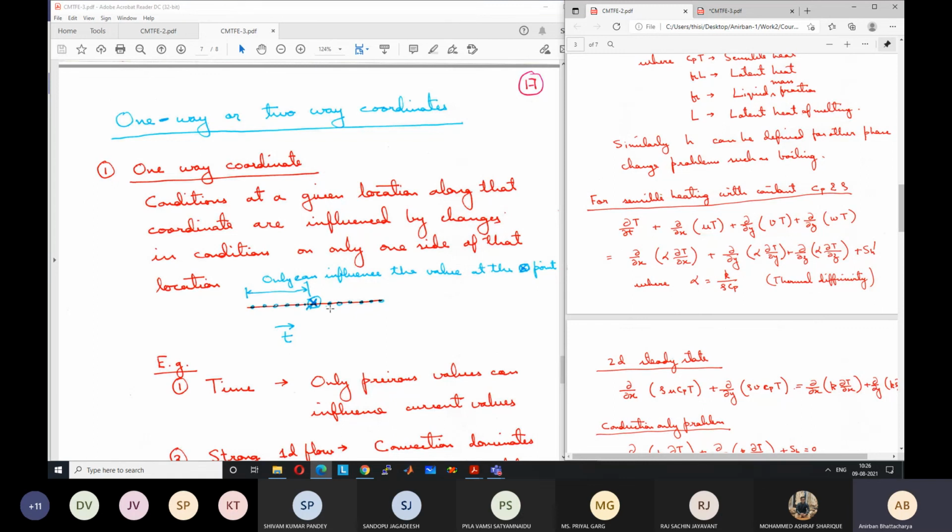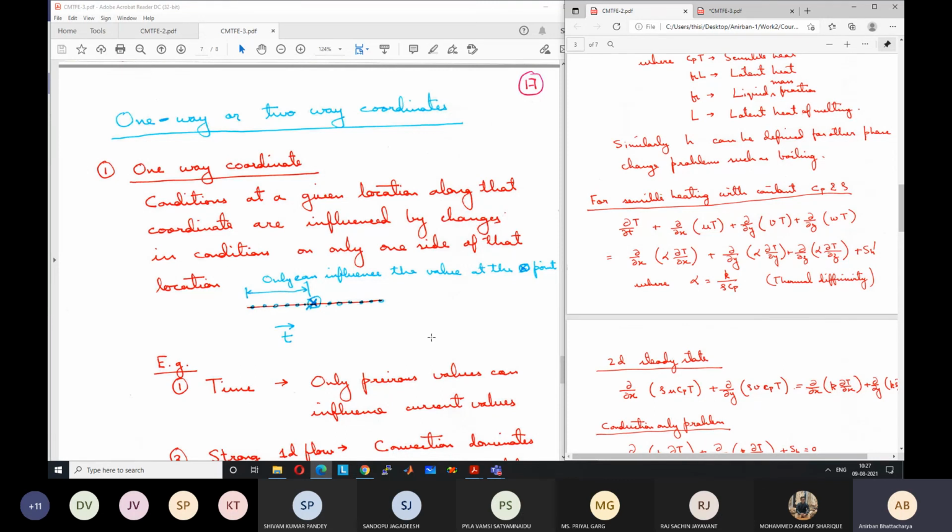The most common example obviously is time, because we know that time only flows in one direction. So if we are solving for a casting process or some other heat transfer process, after 10 seconds, the value of temperature at a point can only be influenced by what has happened in the 10 seconds before that.